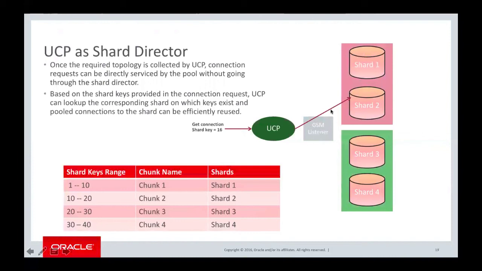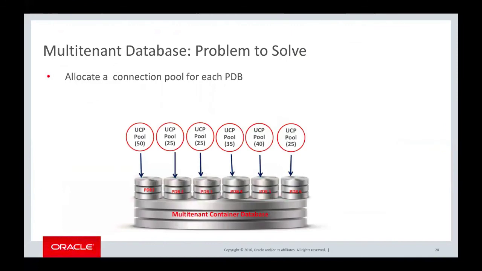Even if the shard director is down, UCP can continue to work. Remember, those are just regular databases, but your data is split across them through sharding. So that's how UCP can learn about topology and act as shard director.